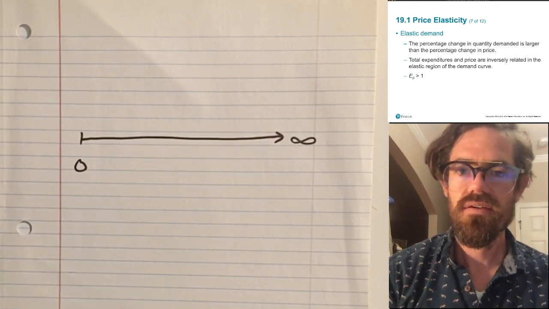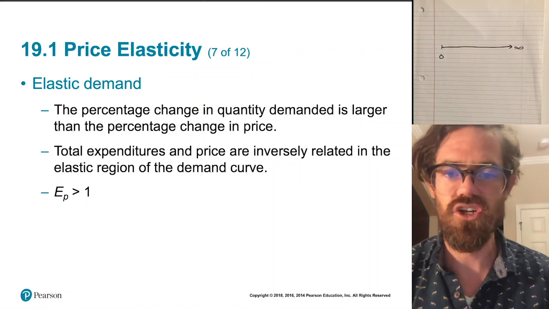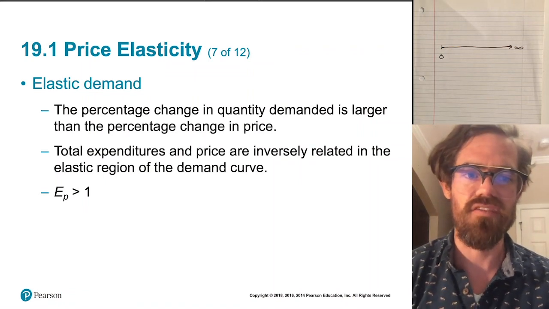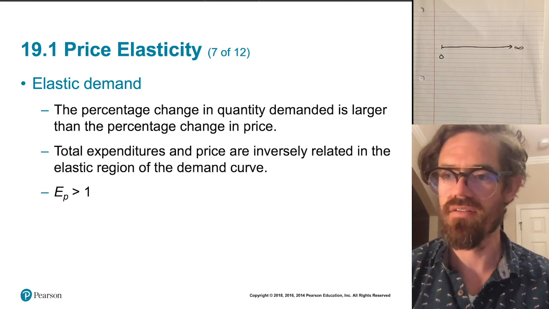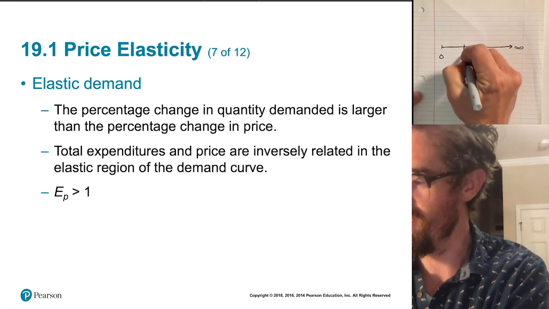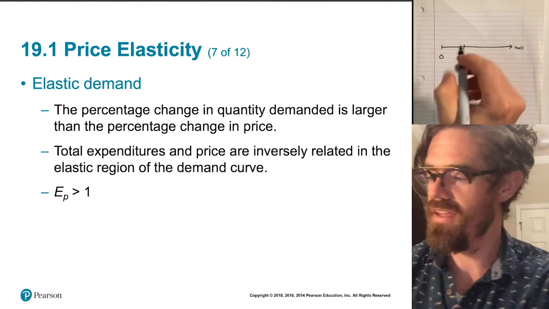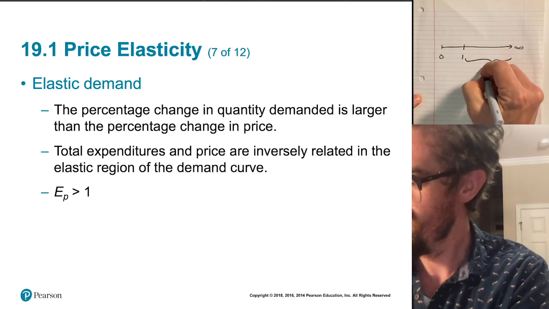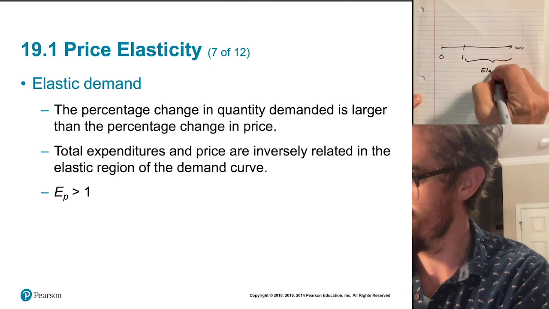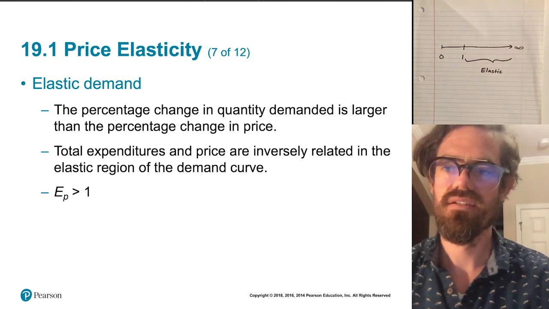Now, elastic demand. We can say that a good has elastic demand if the price elasticity of demand is greater than 1, right? So here's 1 on our number line. And so anything in this region here, if EP is in this region, we say that the good has elastic demand.